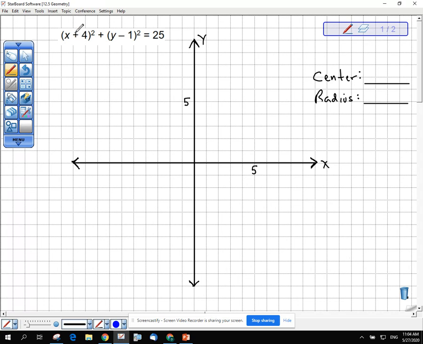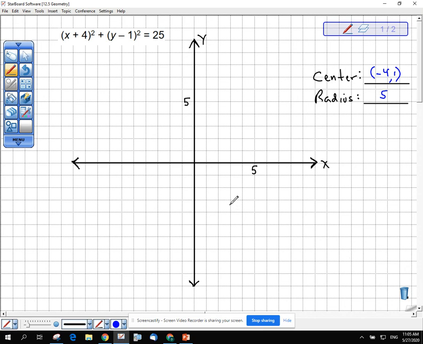So because the natural state of the equation of a circle is minus here, when you see plus, you should interpret this as x minus negative 4. The center is actually negative 4, positive 1. Negative 4, 1. The radius is going to be the square root of 25, which would be 5. So negative 4, 1, and a radius of 5.